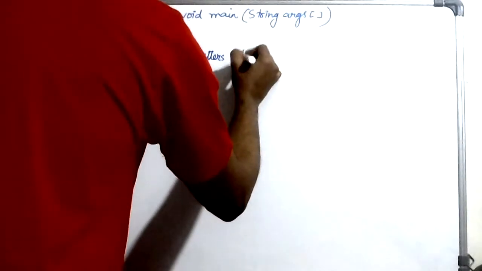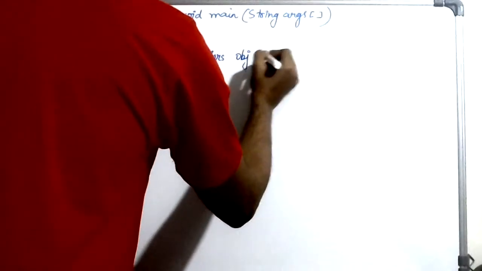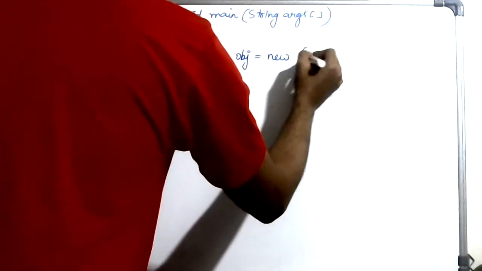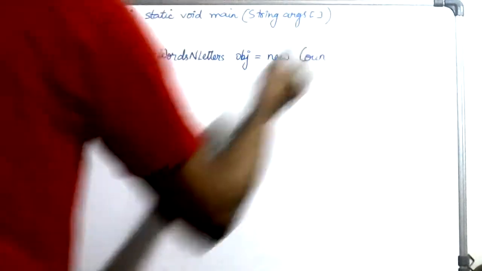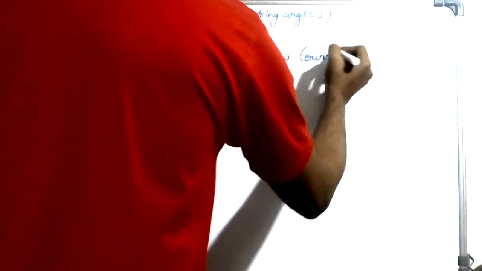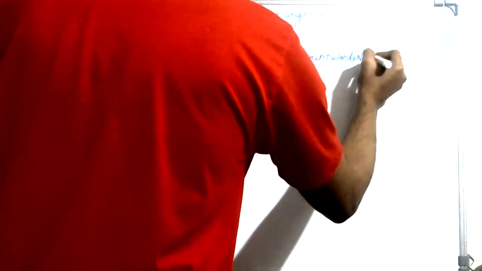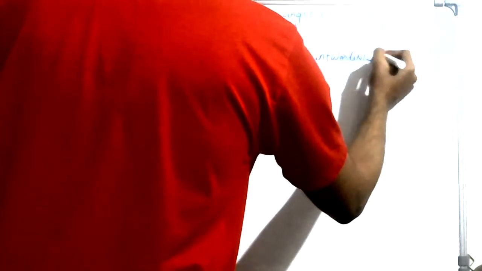So define an object obj is equal to new and the constructor, count words and letters. So this is the constructor.